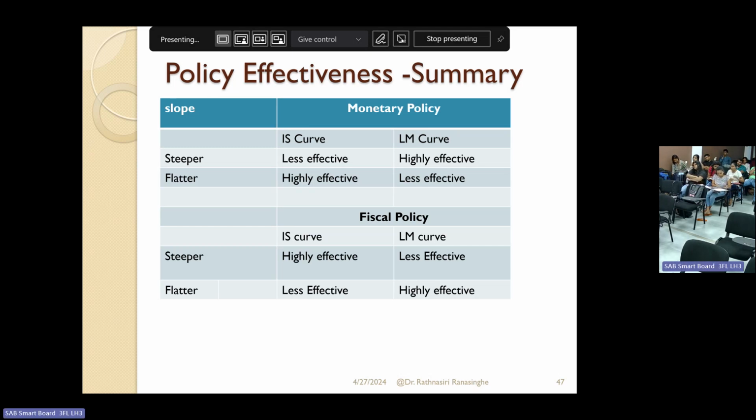Take the same policy, and we look at the slope of the LM curve. We already looked at the slope of the IS curve, now we look at the slope of the LM curve.